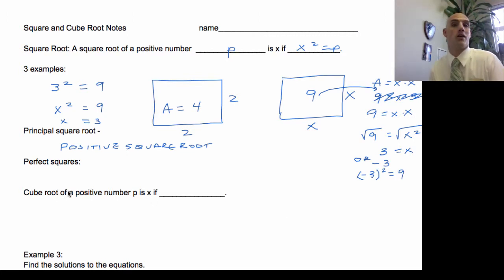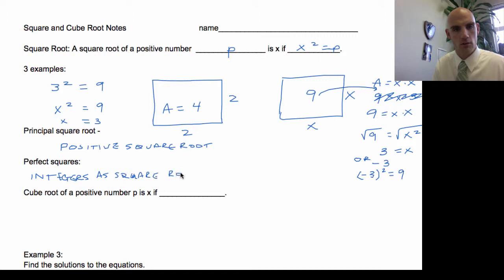Perfect squares are numbers that have integers as the square roots.